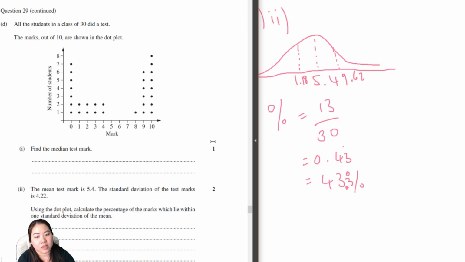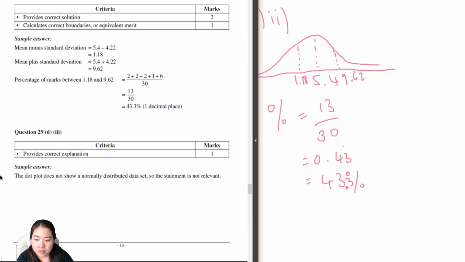So any rules regarding the bell curve, standard deviations and all that, will not apply to this dot plot. Let's see what it says in the answers. The dot plot does not show a normally distributed data set, so the statement is irrelevant. In other words, the dot plot doesn't look like a nice curve shape, therefore it's irrelevant.